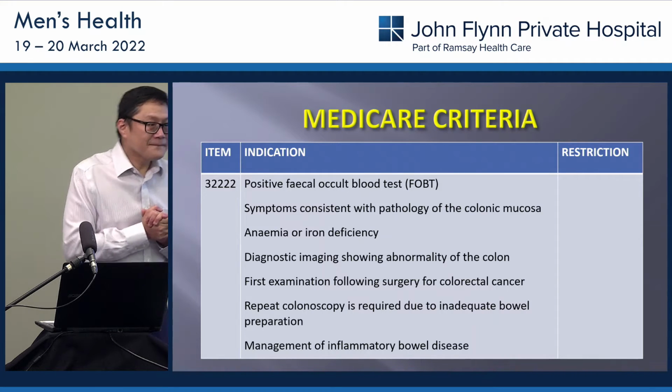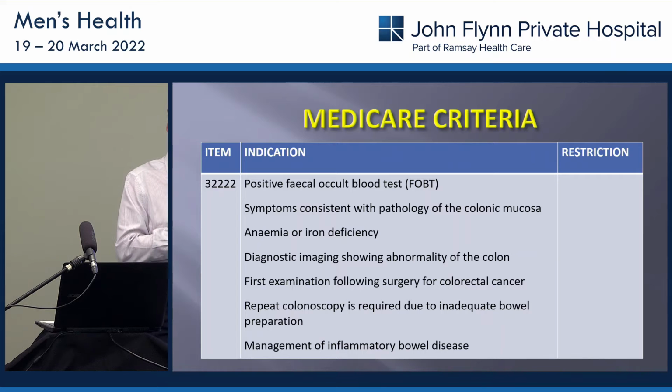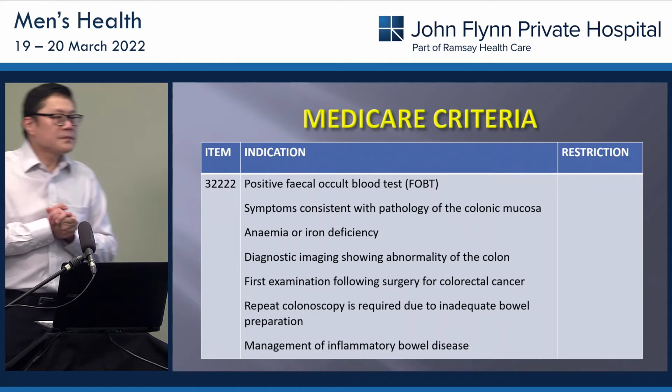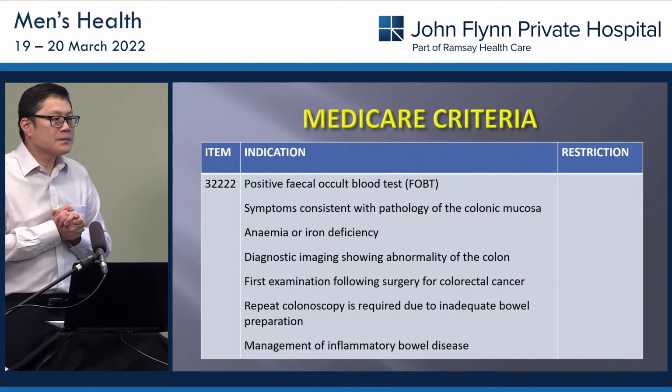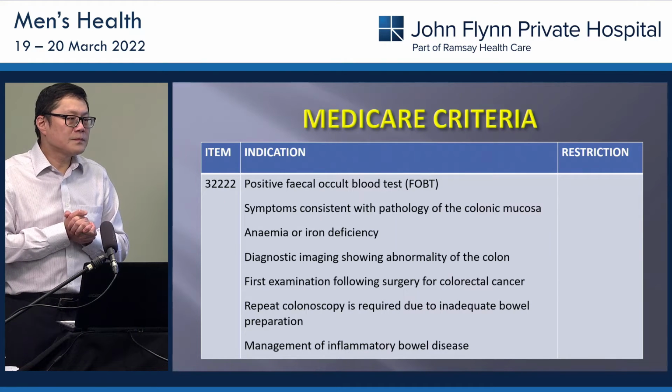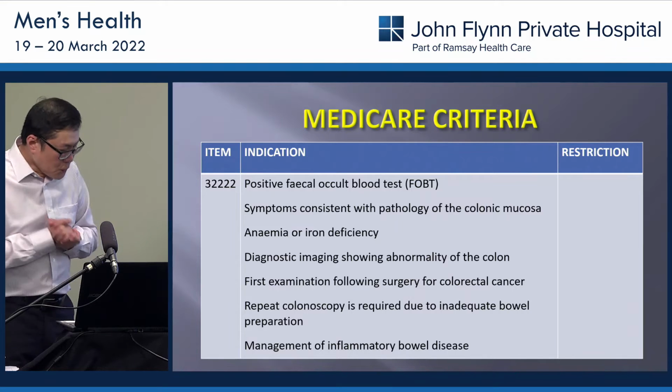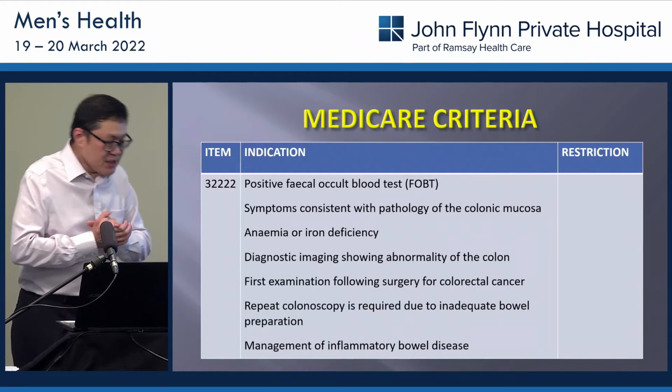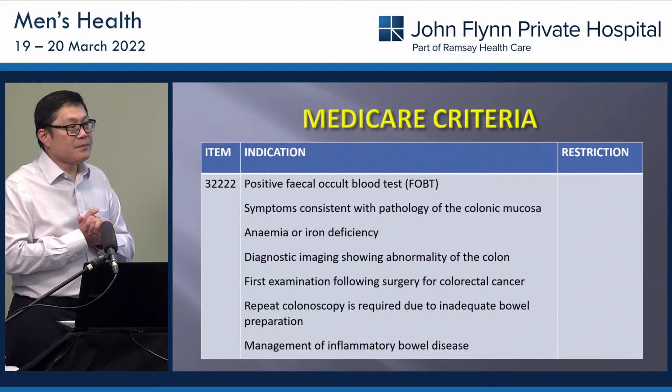In one of your slides, you said that the participation rate was 42 to 48%. Are there any strategies you might have when you see patients to increase participation with the FOBT? So, this is administered by the government at a population basis.